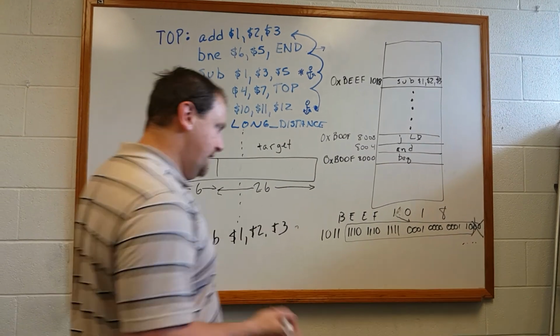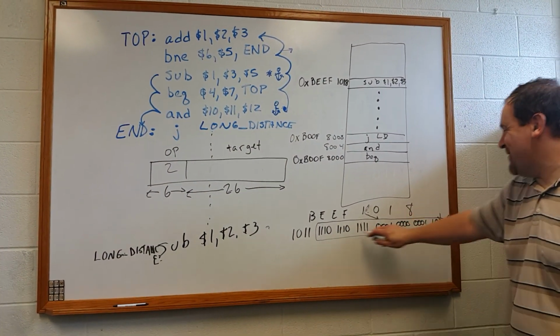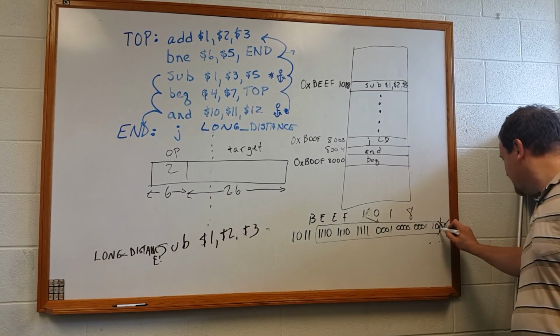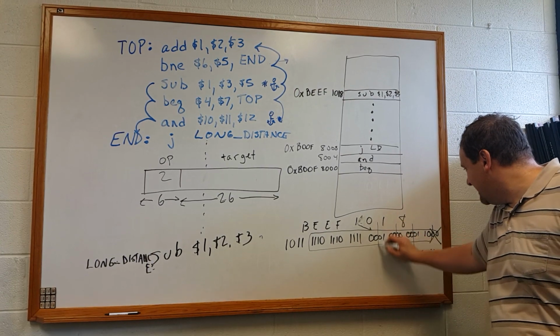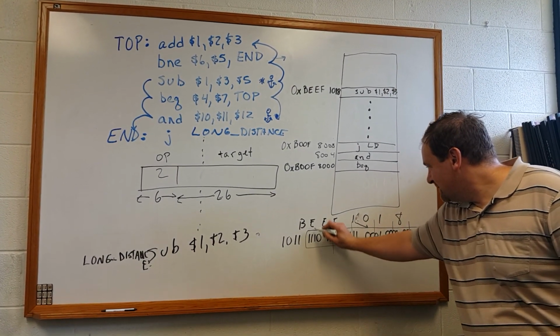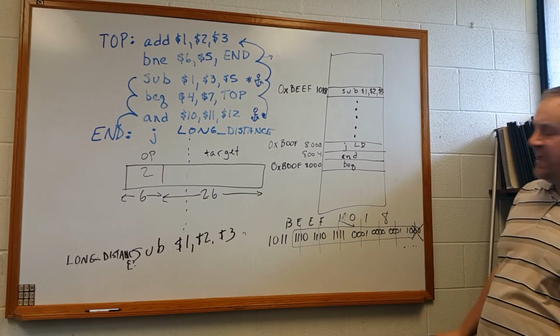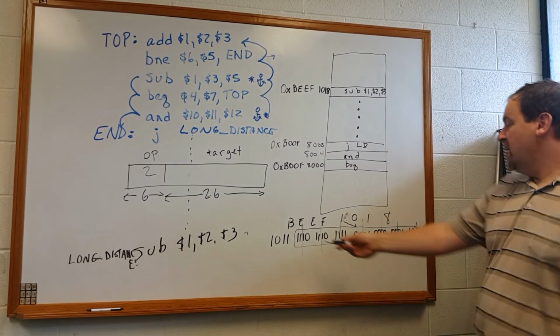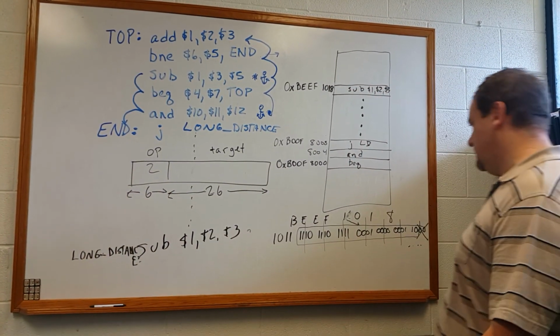So if I were to encode this as hex, I can't start here and put the hex. I actually have to start down here and then divide it like this. But this is the permutation of bits that would go in there. There are 26 bits here. That's what would go into the target field.